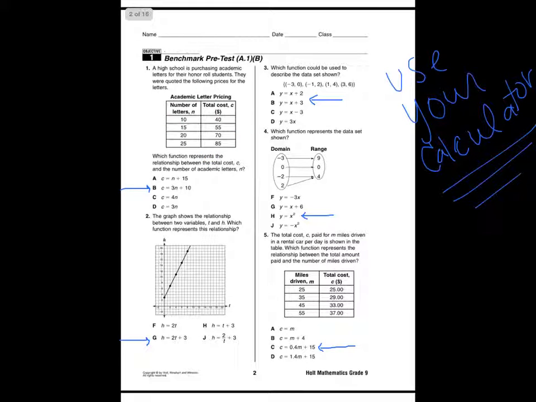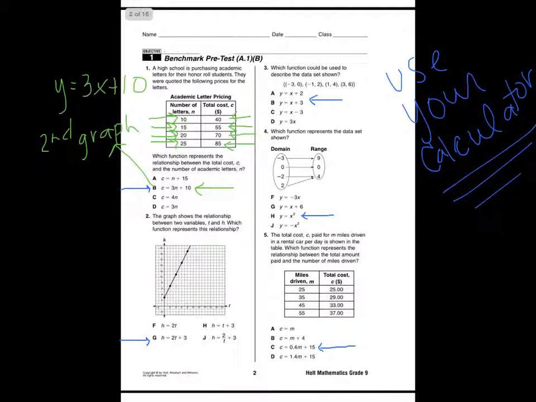Okay, so even if they don't use x and y, you guys know that, for example, for B, that y equals 3x plus 10. And when you put that in your calculator and you hit second graph, it's going to give you a table. And you're going to go to 10 and look and see if it's paired with 40. You're going to go to 15 and see if it's paired with 55. You're going to go to 20 and see if it's paired with 70. You're going to go to 25 and see if it's paired with 85. And if it is, then you know that your answer is indeed B. And you can try all of the equations until you figure out which one it is.